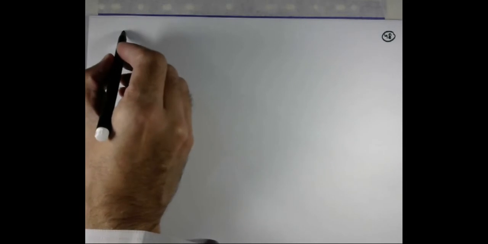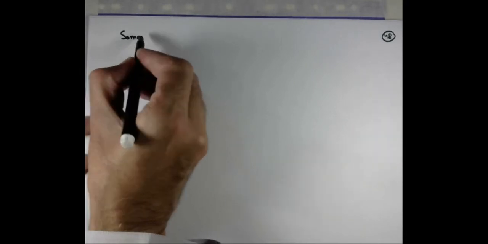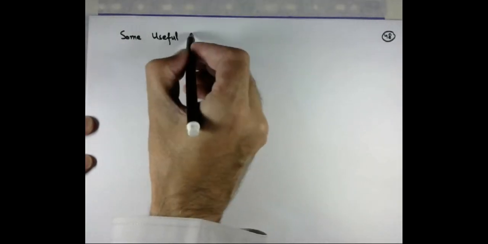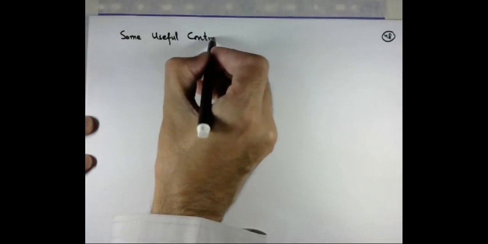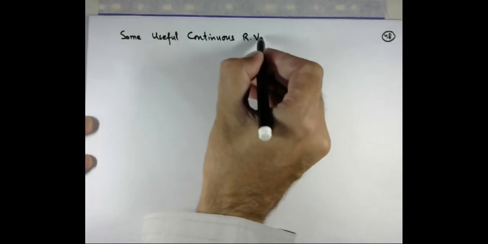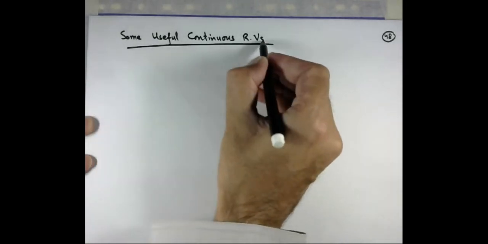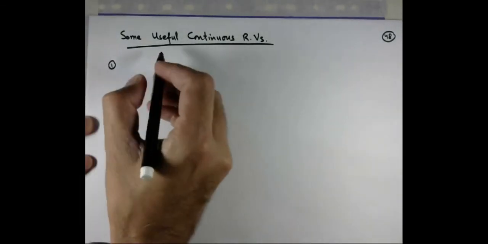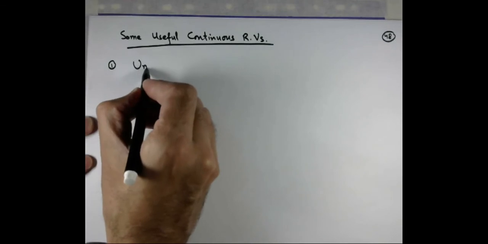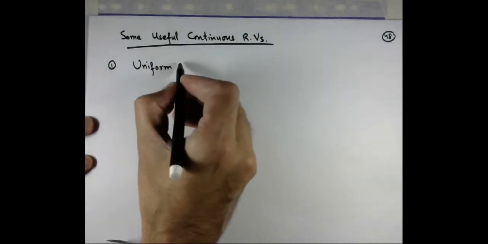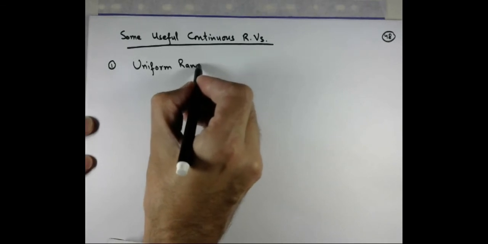So the topic is some useful continuous random variables. The first of the families that we'll discuss here is the uniform random variable.